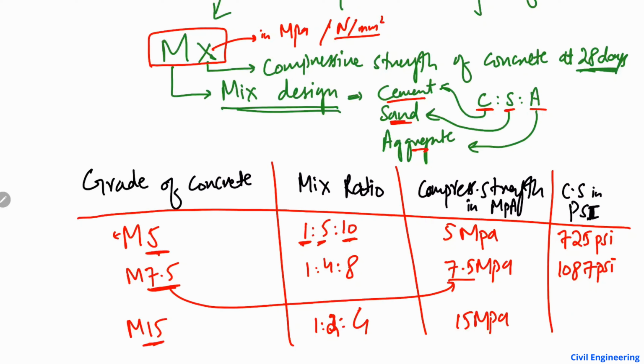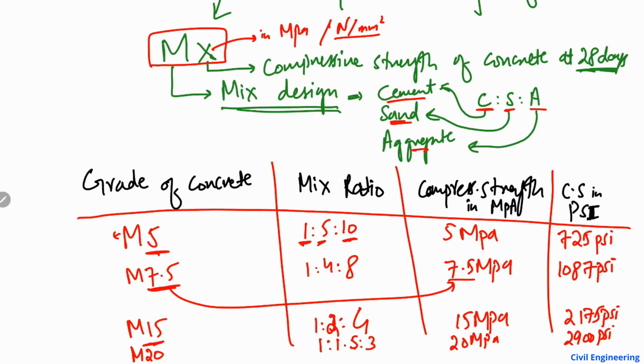In psi this value is 2175 psi. And the last one, if I use M20, the mixture ratio is 1:1.5:3, and its strength is 20 megapascal again, and in psi the strength is 2900 psi.